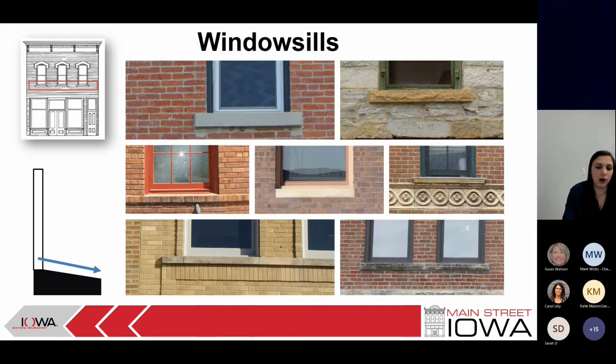And this is so that water can drain effectively away from the opening, and you don't have any water or snow pooling and collecting and then going inside of the building. And as you can see in the photos, some windowsills span one window alone, while others span between several windows. And some are even incorporated into the decorative banding that goes all the way across the facades.